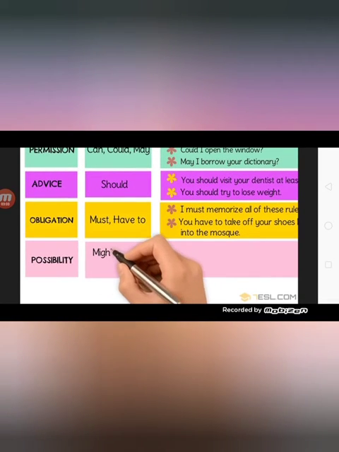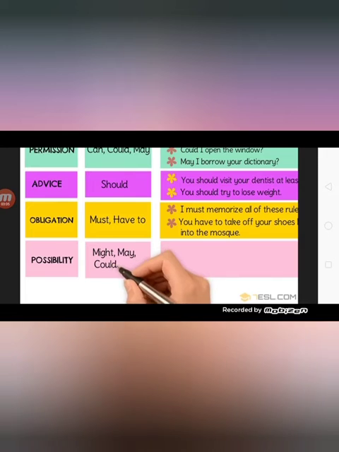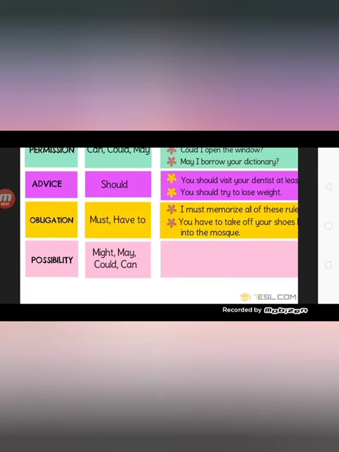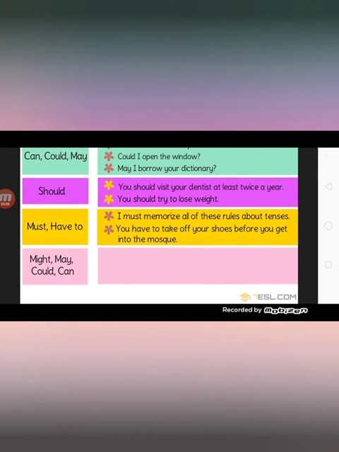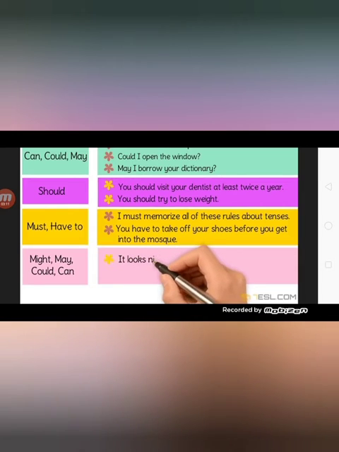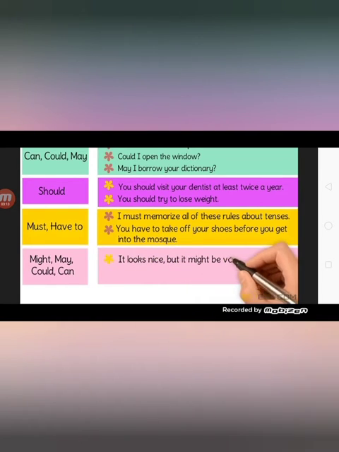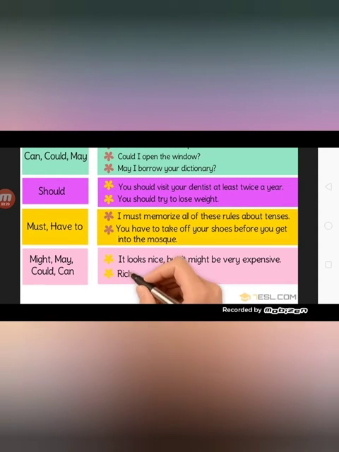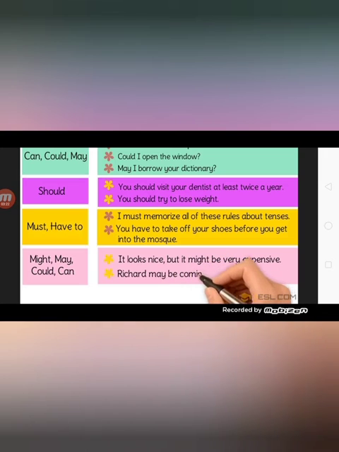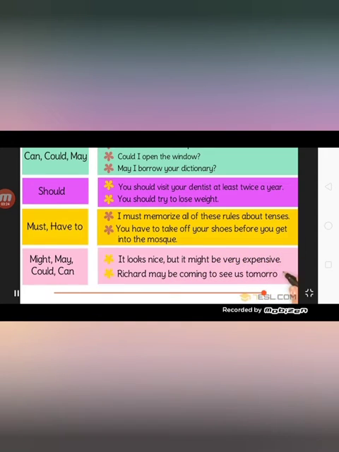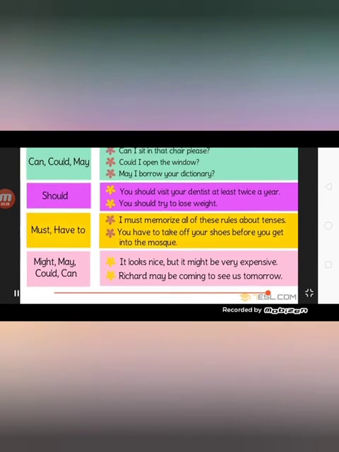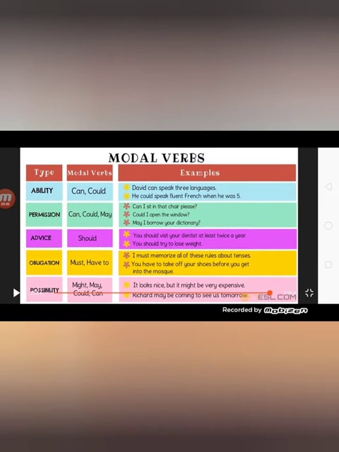The last type of modal verbs is possibility, and in possibility, might, may, could, can are used. For example: it looks nice but it might be very expensive. Richard may be coming to see us tomorrow. So these are the examples and the types that are given here.